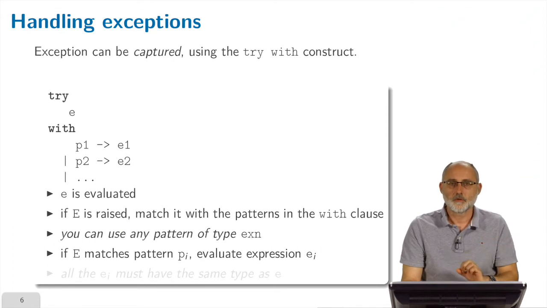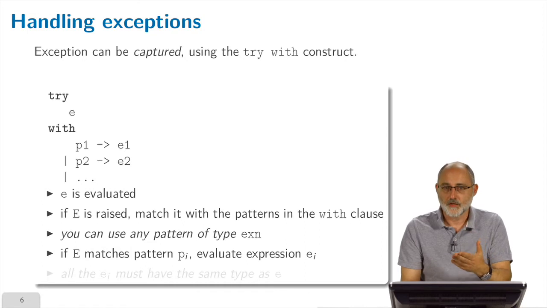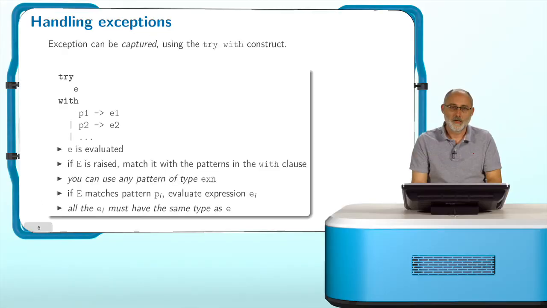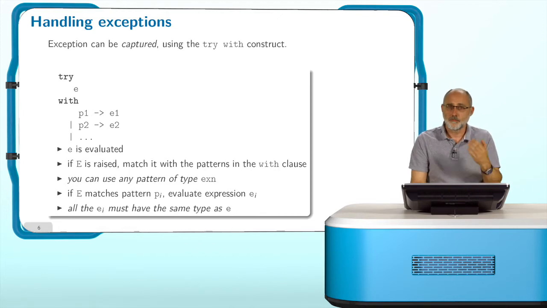If this exception matches some pattern, let's say pattern I, then the result of the overall construct will be the result of evaluating the expression EI. Now, be careful, all of the EI must have the same type as E, because these are all the values we return in the exceptional situations in place of the result of E, of course.